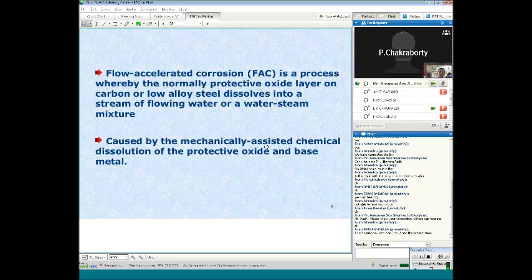Now, when this is happening, it is termed as a corrosion. It is not an erosion. Of course, it is sometimes termed as erosion, but it is primarily corrosion. So let us first take a look at what corrosion is, when we talk about dissolved oxygen coming into contact with ferrous metal.